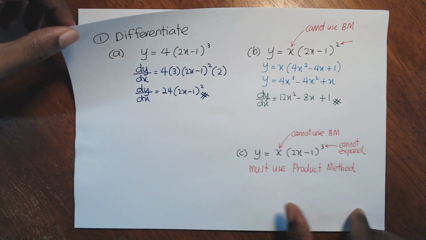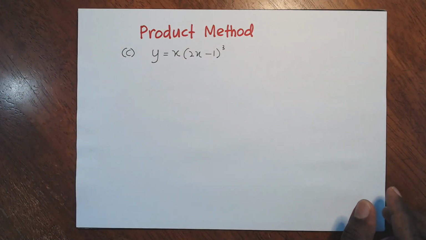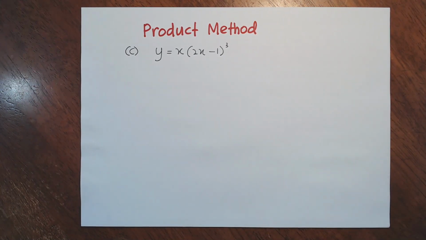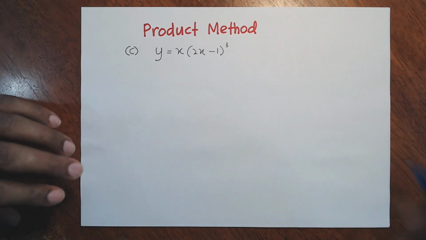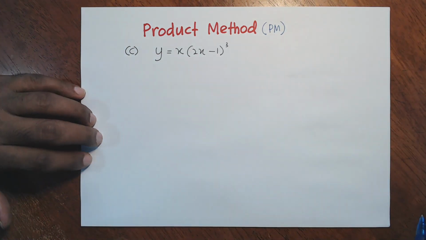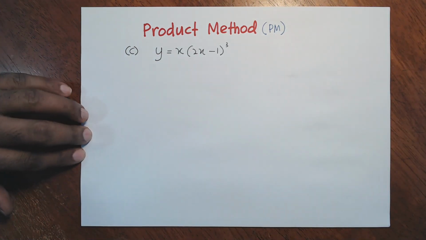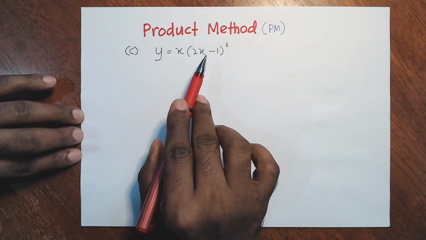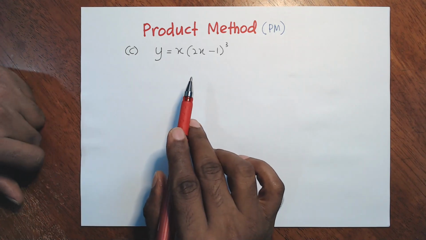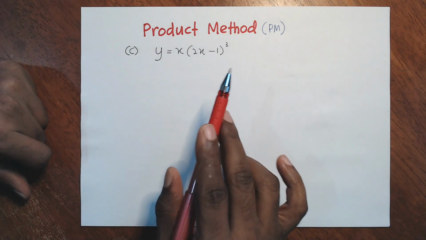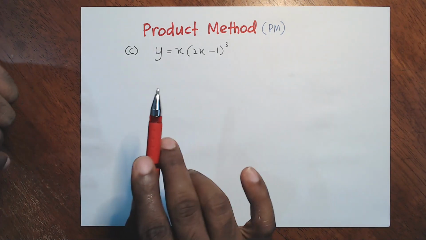Let's see how the product method works. I copied the same question. In my notes, I sometimes call the product method PM. So how the product method works is like this. First of all, we only use the product method when it is absolutely necessary, which means that we have to try to avoid the product method whenever we can, because the product method is long and time consuming.